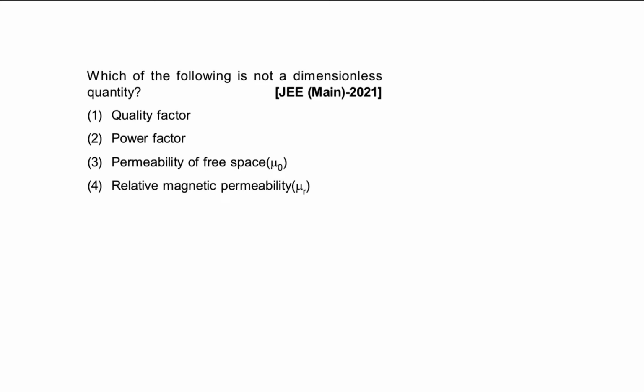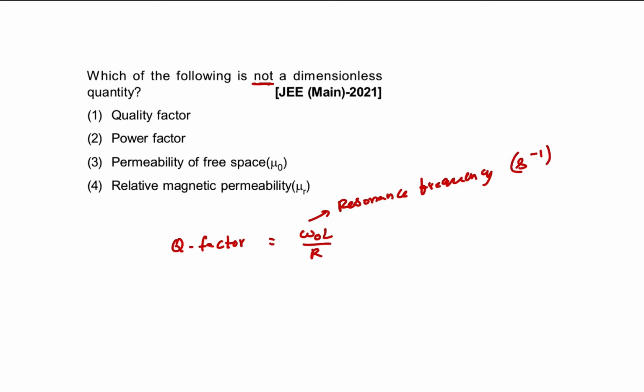Next one, which of the following is not a dimensionless quantity? The quality factor or Q factor you can write as omega naught L divided by R. Omega naught is nothing but the resonance frequency. Any frequency unit is 1 by second only, second minus 1.